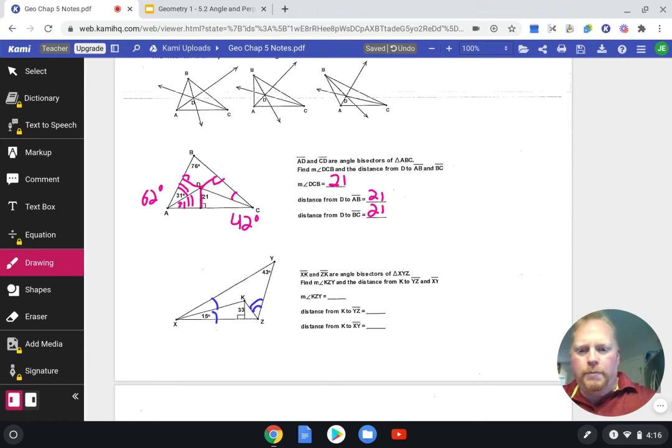So the big angle X is 30 degrees. Angle Y is 43. If I add those up, that's 73. Subtract that from 180, and I know that big angle Z is going to be 107. But I don't want the full angle Z, I want just half of it. So half of 107 is going to be 53.5.